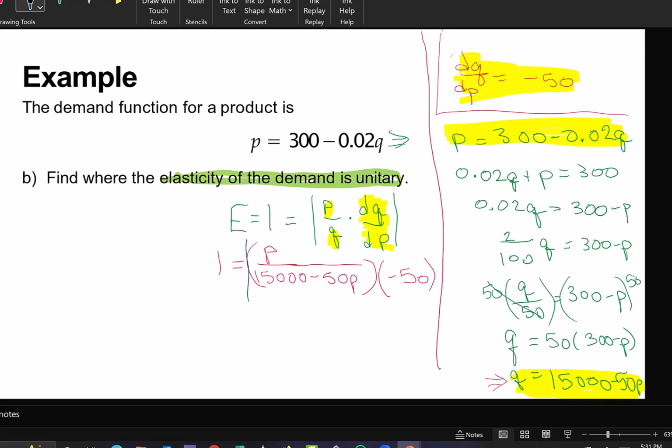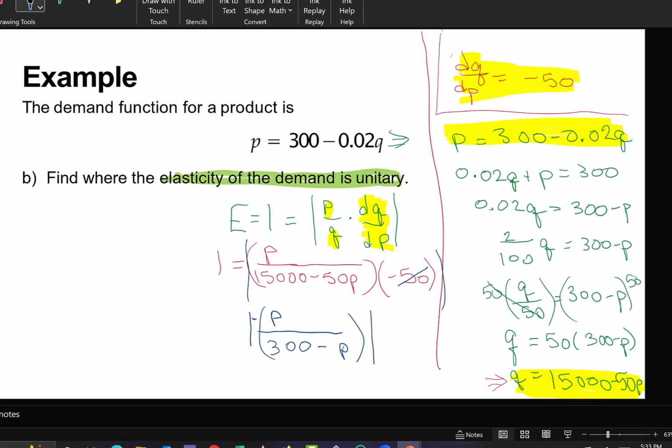We know that this is in absolute values. Really, the only thing it's affecting is this negative 50. So I have 1 equals the absolute value of P divided by, I divide this by 50 becomes 1. I divide the denominator by 50, I get 300 minus P. This whole thing is negative, and I take the absolute value.